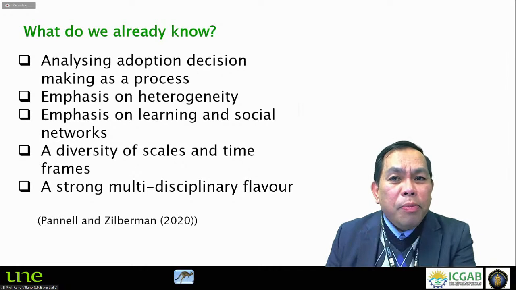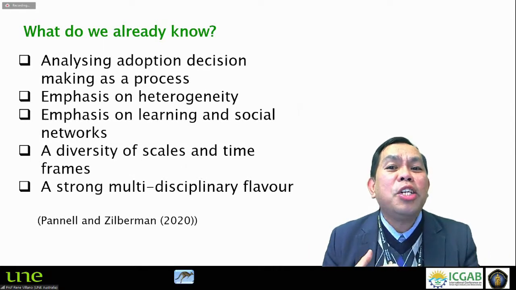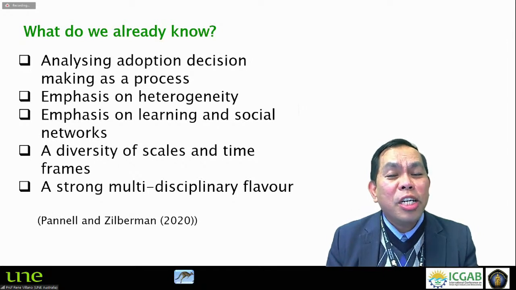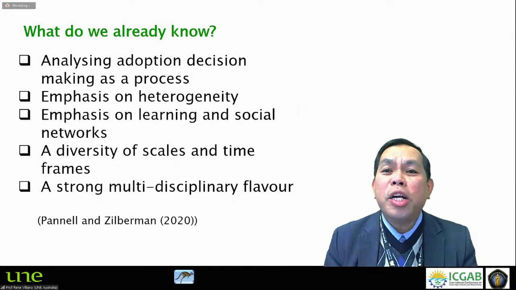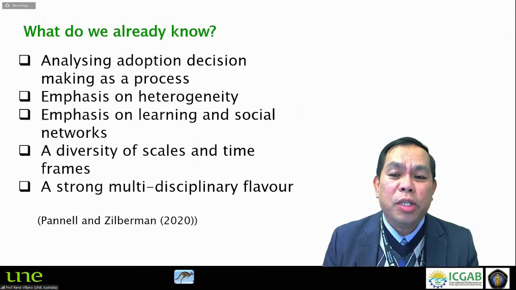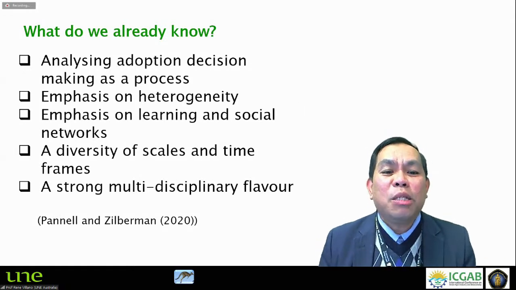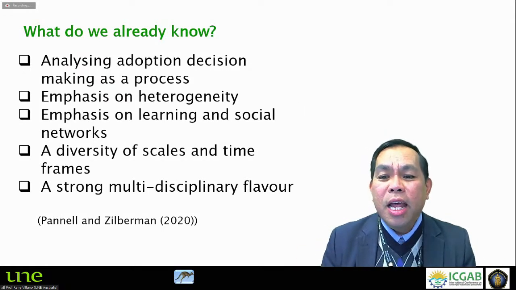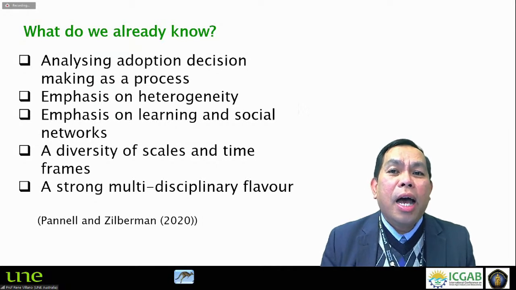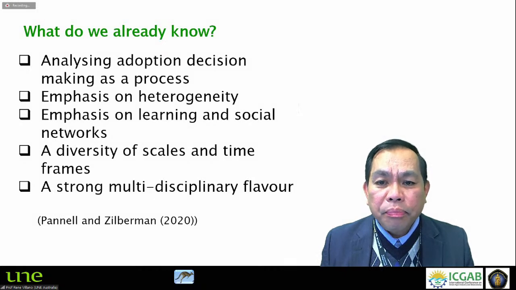Meaning, if we develop the technology, there has been a multi and interdisciplinary effort in order to develop an effective policy framework to enhance adoption, and that will require a deeper understanding of the science behind the technologies, and of course, of the other dimensions such as institutional or environmental aspects.